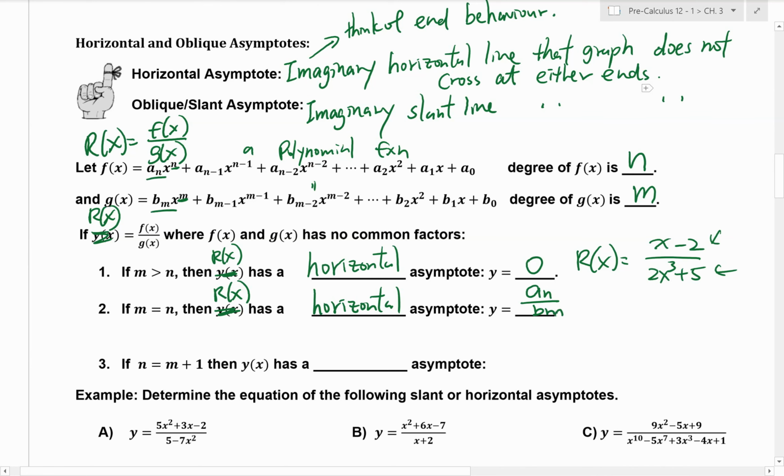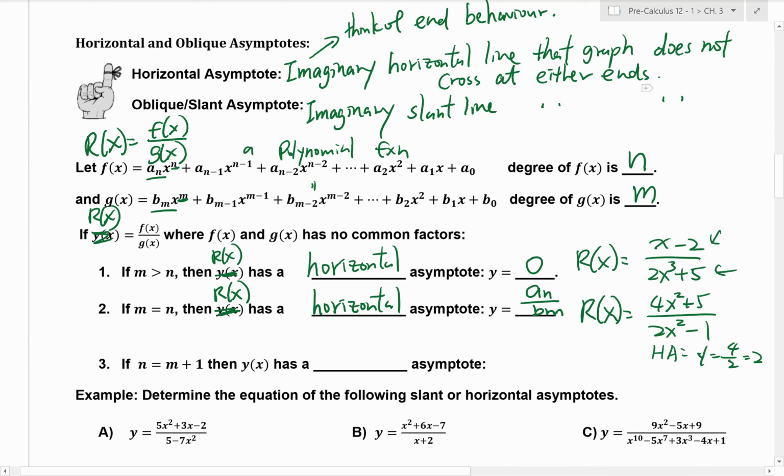So they are just the quotient of the leading coefficients. For example, let's say we have 4x squared plus 5 divided by 2x squared minus 1. In this case, we would have a horizontal asymptote at y equals 4 divided by 2, or 2. So it's just the leading coefficients divided by each other.